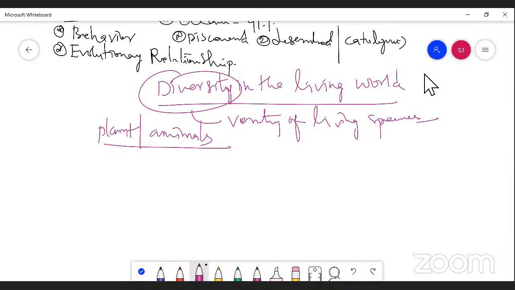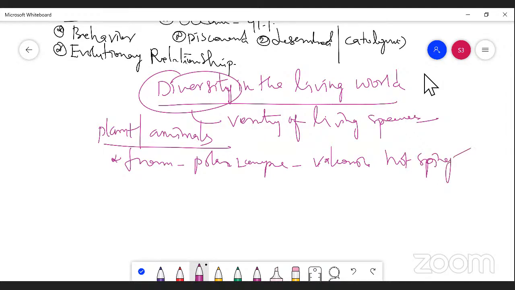Plants and animals are present almost everywhere on the earth's surface. For example, from the polar regions, from the polar ice caps to volcanic eruptions, volcanic hot springs.